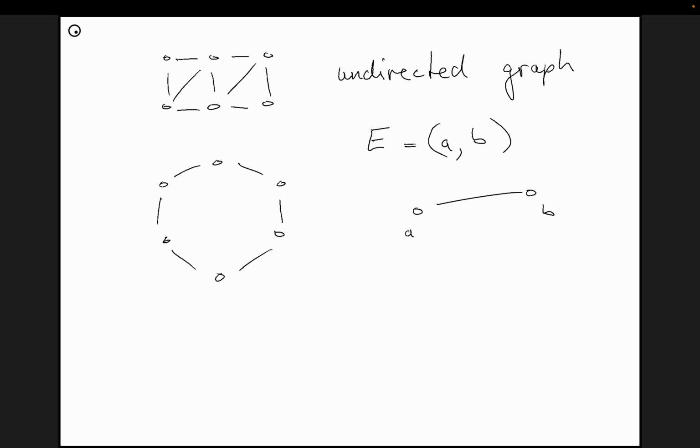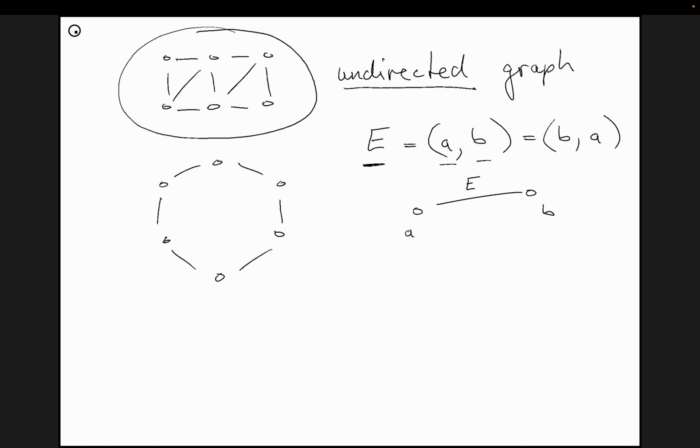So let's call vertices with lowercase letters and edges with uppercase letters. So this is E here, and if this is the same as BA, we say that E is a non-directed edge. And a graph consisting only of undirected edges, we call a non-directed graph.